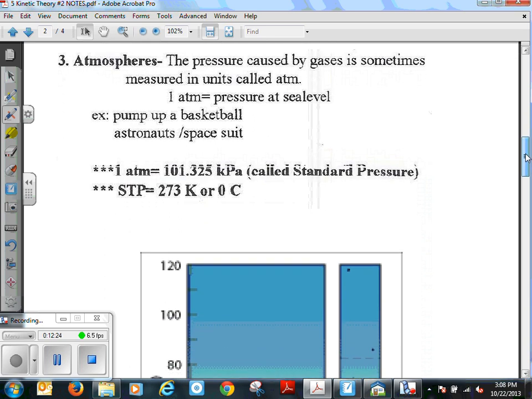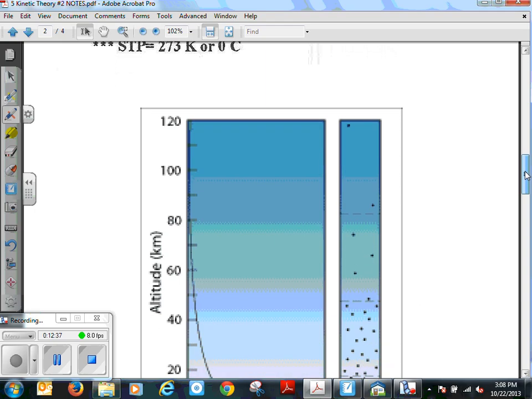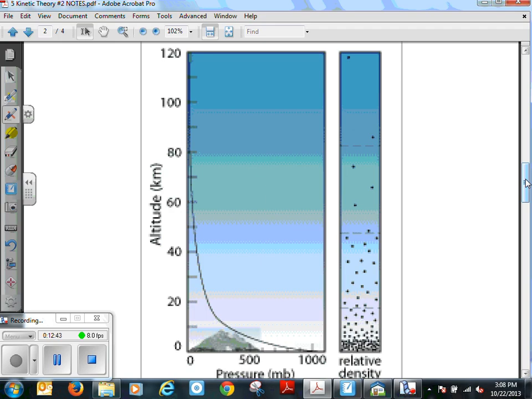Okay, atmospheres. The pressure caused by gases is sometimes measured in units called atmospheres. 1 atmosphere would be the pressure like that in San Francisco. Because if you look at this little picture here, if this was you down here, standing, and you had a column that extended all the way up to the top of the atmosphere, and you added all those particles and their weights, okay?